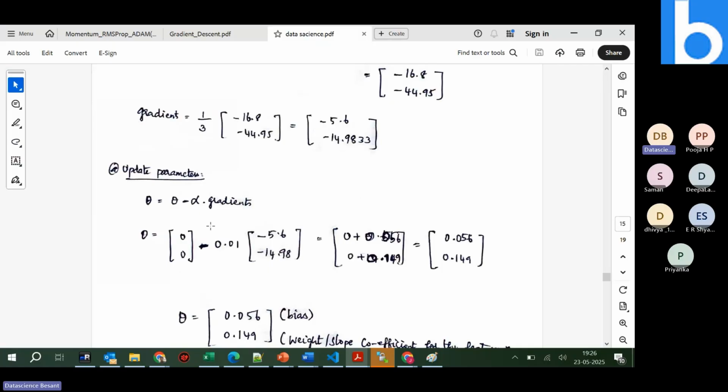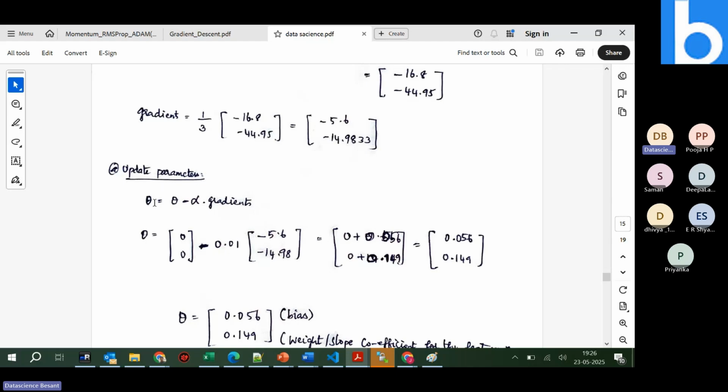The fourth step is: you have tried with m equal to 0 and c equal to 0, and you're getting too much deviation, correct? Your cost function is very high, correct? So now you have to change your m and c and try.